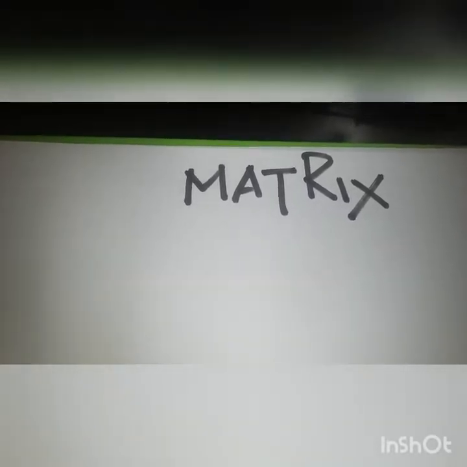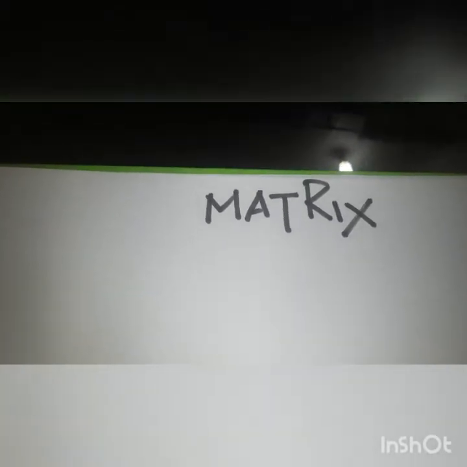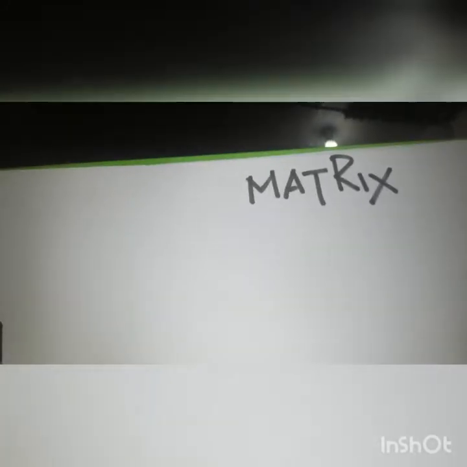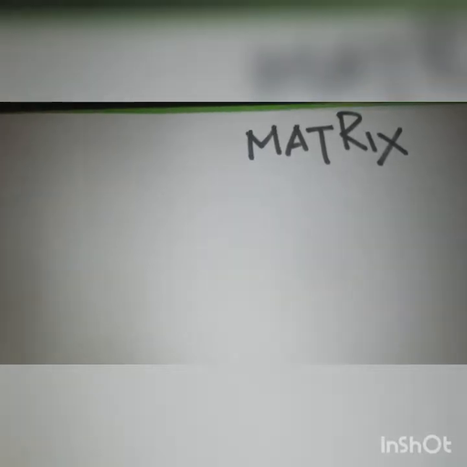So if you want to understand this chapter, you must know what a matrix is. The matrix is actually a mathematical formulation, a mathematical process to gather some numbers in a mathematical way.